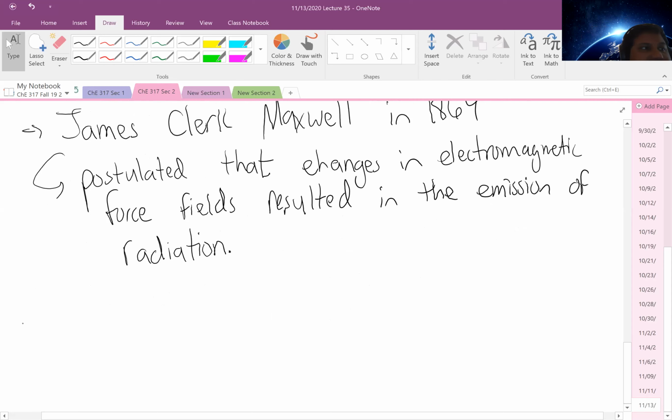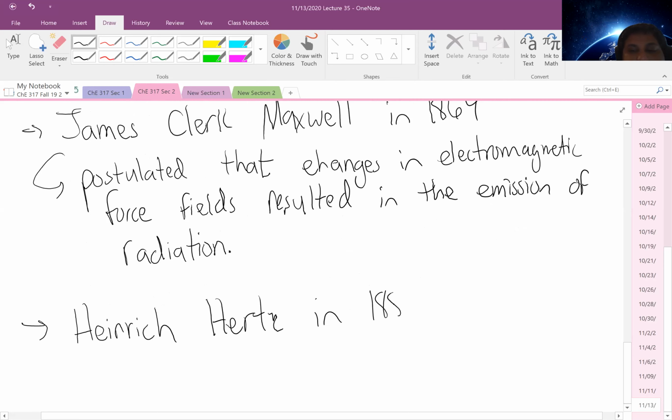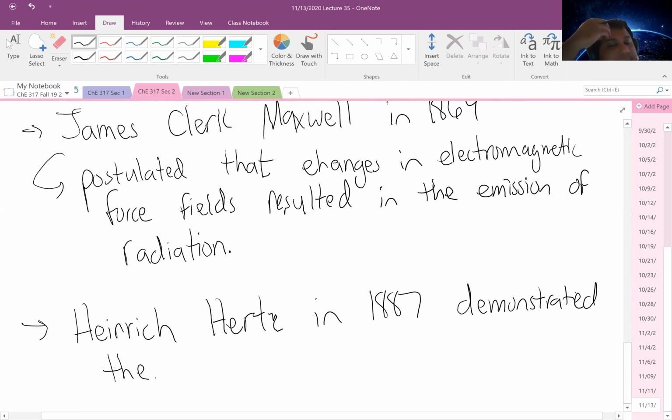It wasn't until 1887 that it was first demonstrated by Mr. Heinrich Hertz. So he developed an experiment to demonstrate and prove Maxwell correct.